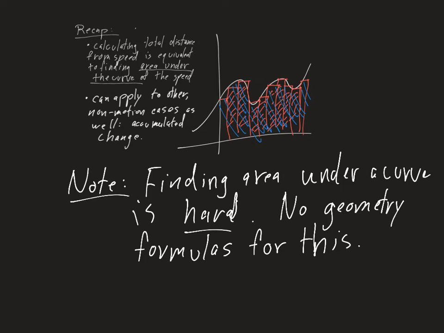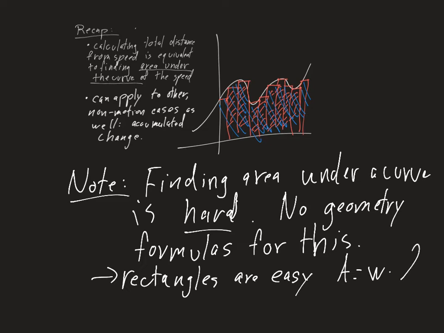So it turns out that from a geometrical perspective, the idea that we have with all these rectangles is also a very straightforward approximation idea, because rectangles are easy, right? We know that their area is equal to width times length.